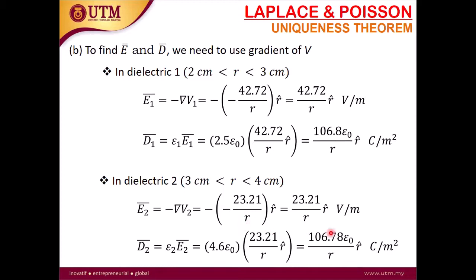Substitute everything, and your final answer will be 106.78 epsilon naught divided by R in the direction of R coulomb per meter squared. So this is the step-by-step to find the electric field intensity as well as electric flux density in dielectric 1 and dielectric 2.